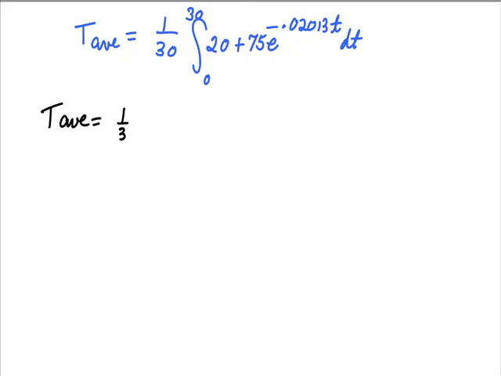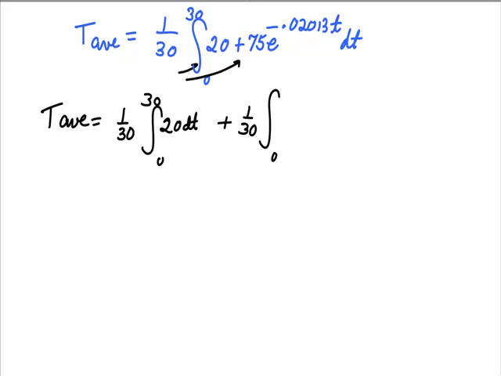I'm going to do the first part, 0 to 30, 20 dt, and then it's 1/30th, the integral from 0 to 30, 75 e to the negative 0.02013t dt. And this second integral is going to require a u substitution. So I'm going to do this one first with u substitution.